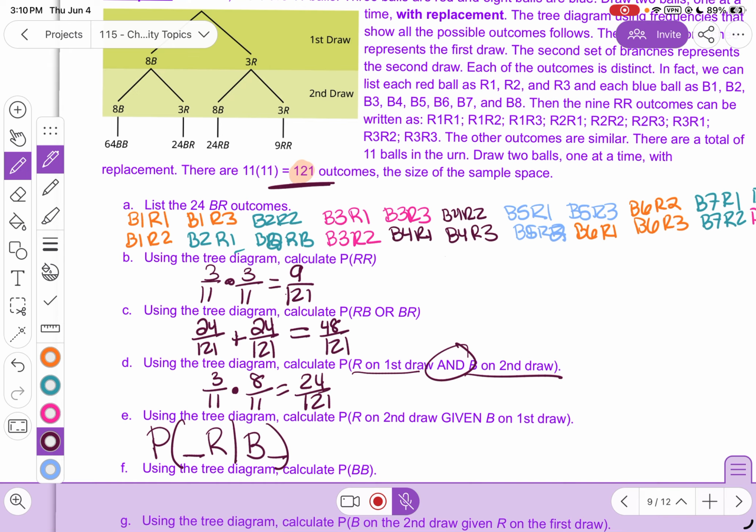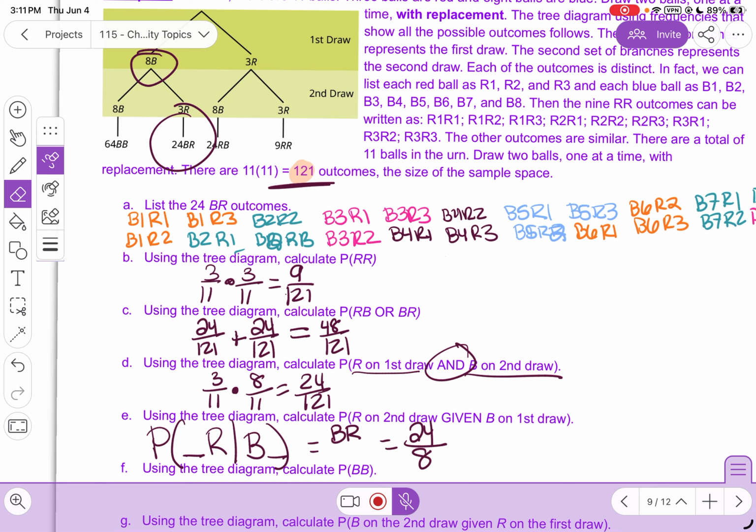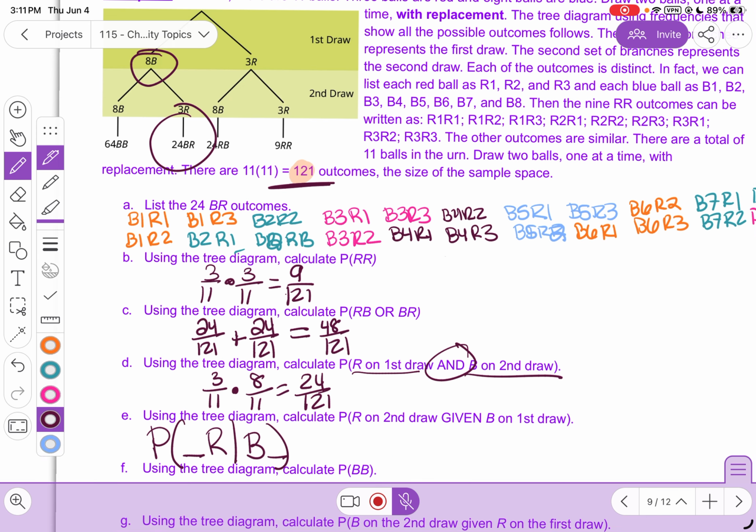Okay, so the both would be BR. So BR is this one, 24. B on the first draw was 8. Okay, here's how I'm going to do it so it's not as weird.